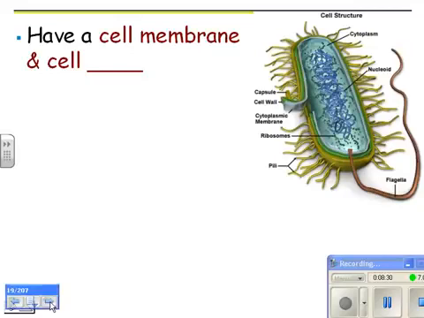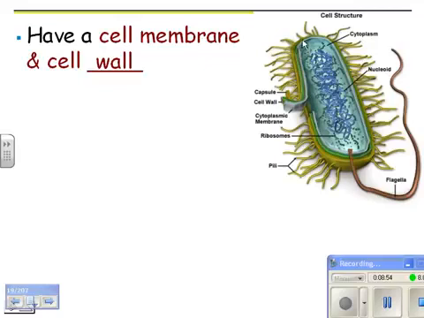More about prokaryotes. They have a cell membrane and a cell wall. The cell wall is different than any cell walls in eukaryotes, but they do have a cell wall. So if you look at this thing, here's your DNA. The blue stuff is the DNA. These green things are the ribosomes. That's kind of it. There's goop in here, the cytosol, and then there's ribosomes and there's DNA, and that's really all you've got to it. Here's the cell membrane on the outside.